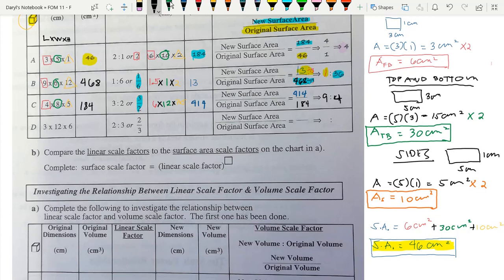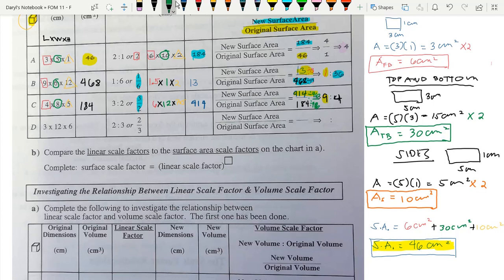So actually, if you check, both are divisible by 46. So 414 divided by 46 gives me 9. But if I want to retain the equality, I also need to divide the bottom part by the same number, 46.